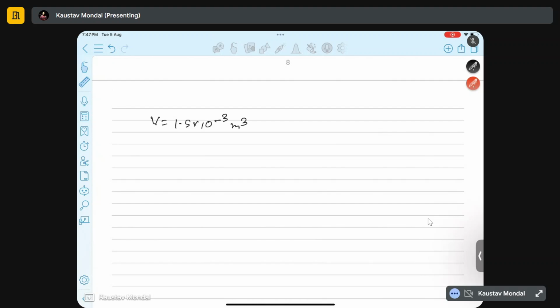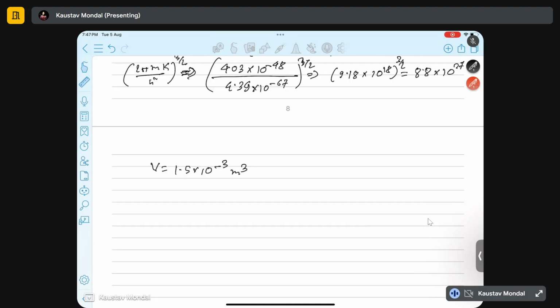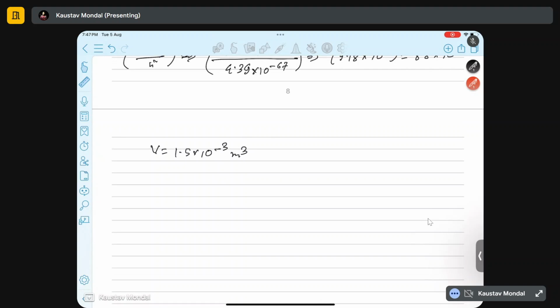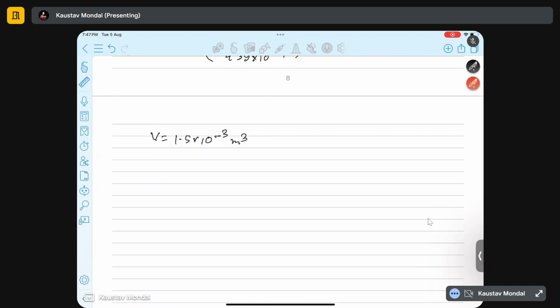Okay, this is already given in the problem. Now substitute everything. So first we'll calculate at 250 Kelvin, right? So first at T equal to 250 Kelvin.